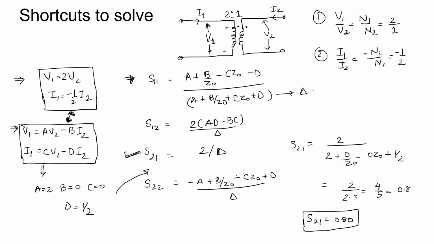So directly we got our answer: S21 is equal to 0.8, or rather 0.80, rounded off to 2 decimal places as we were asked. You can see how quickly we could get the solution simply by comparing the simplest of the equations.